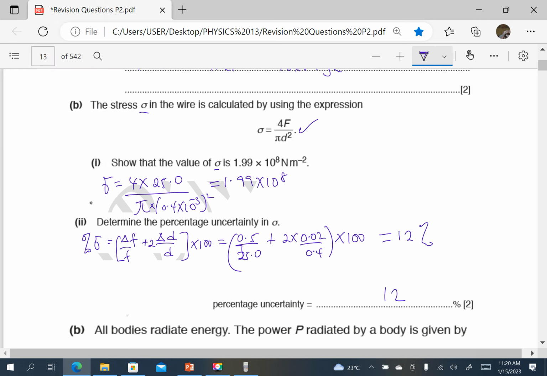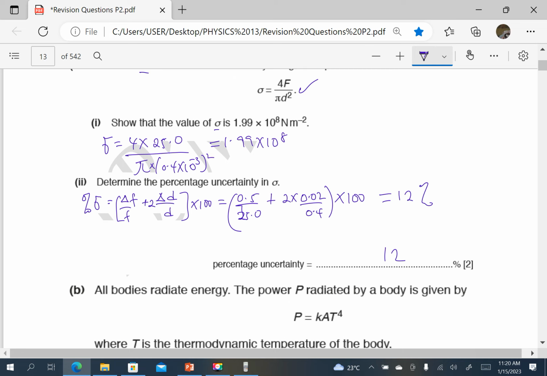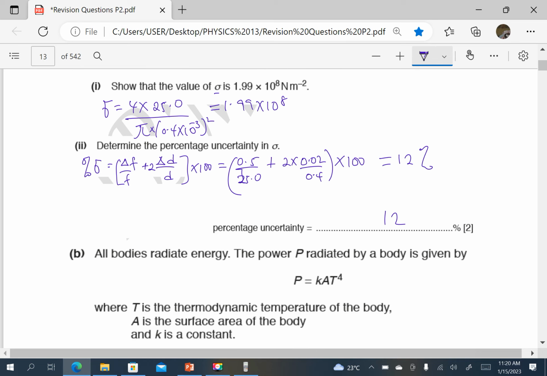So that is 12. You can check. Unfortunately, the question just wanted a percentage uncertainty. If it included defining absolute, we would just change from absolute to percentage directly. Okay.